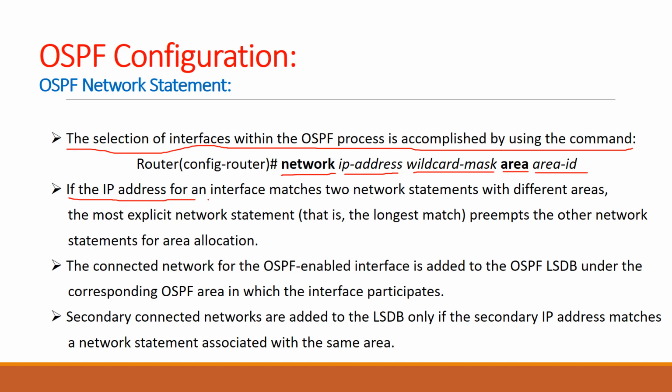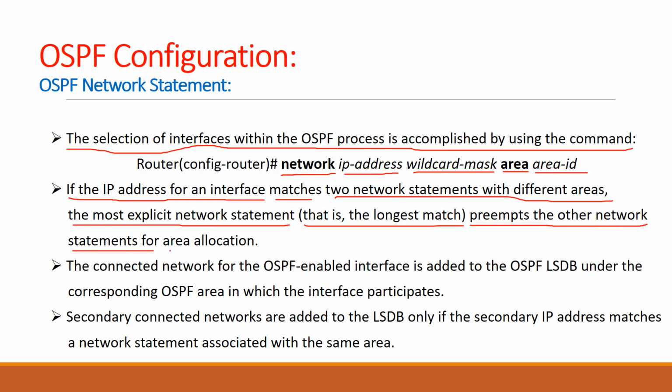If the IP address for an interface matches two network statements with different areas, the most explicit network statement, that is the longest match, preempts the other network statements for area allocation.